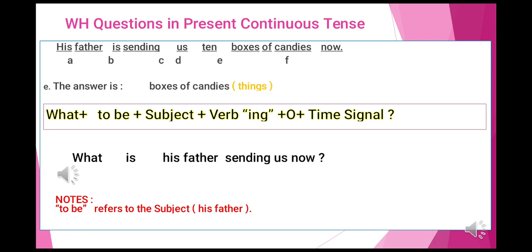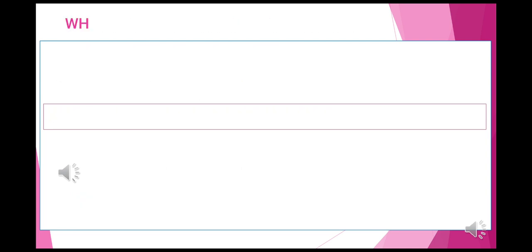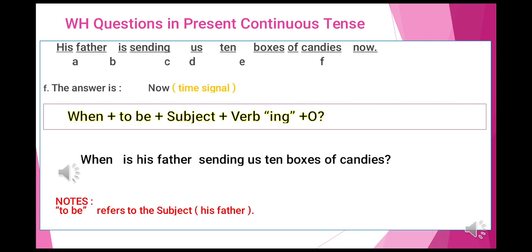Okay, so you have learned about who, what, whom, and the quantity. We use how many, and then the things. Now, we want to know the time. When is the time being sent? The time is now.